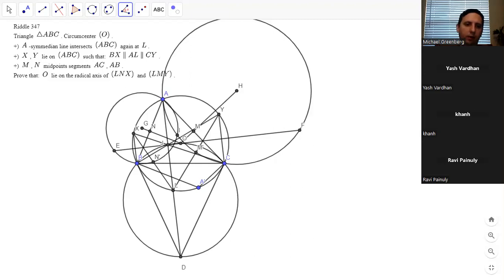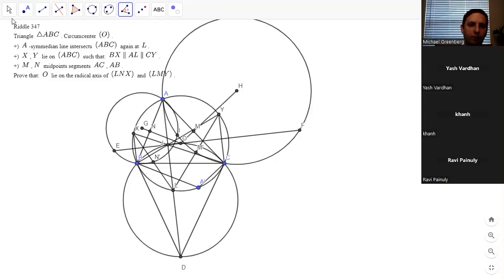I think it's just an angle chase to prove that. So a homothety at L takes, okay, it's kind of obvious, a homothety at L takes J N prime M prime to AXY.